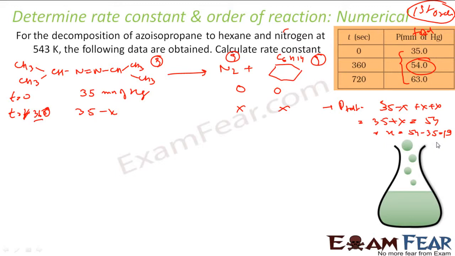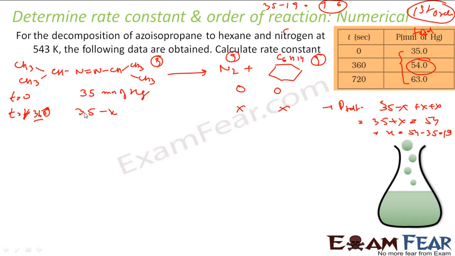If X is 19, you can easily find these values actually. 35 minus 19 is what? 16.